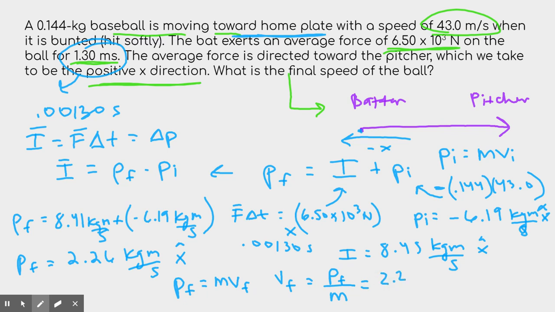Plug that information in, and it's 2.26 divided by 0.144, and that gives us 15.7 meters per second, and that is in the X direction. So that is how you would use the initial velocity, the mass, the force, and our time to solve for the final velocity.